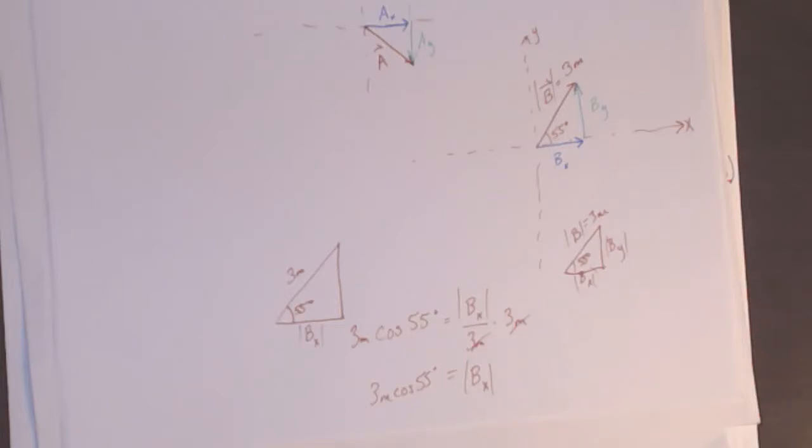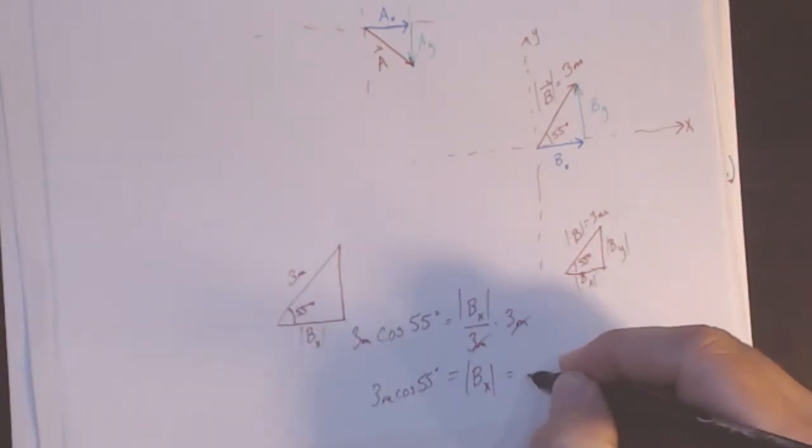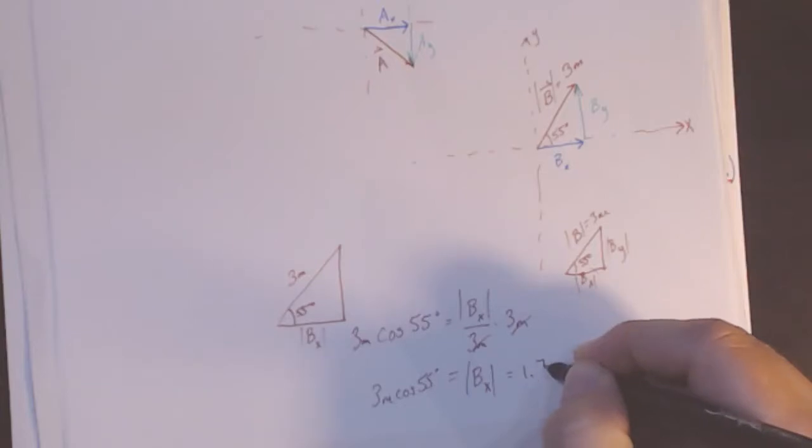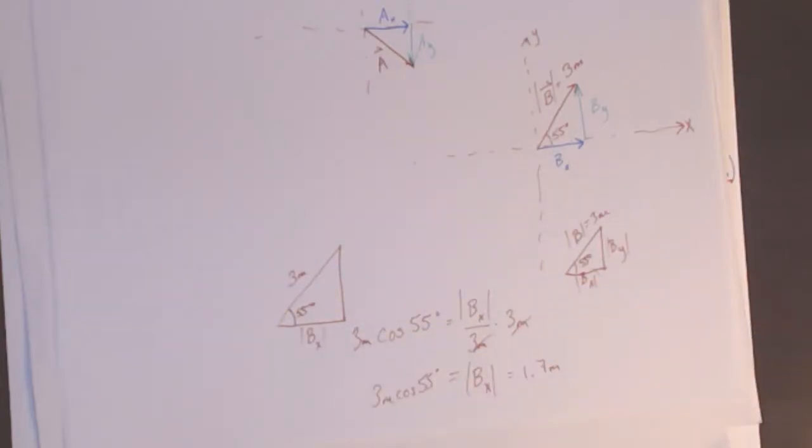Sometimes there's a button that swaps back and forth between the two. So 3 times cosine of 55 degrees is 1.7, and that'll be meters.